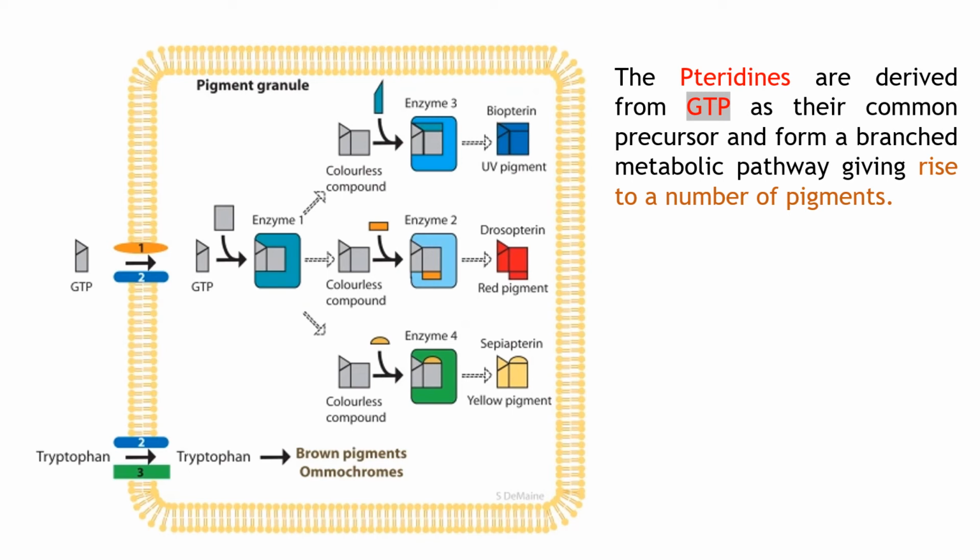So if you have, for example, a brown pigment, are you going to have the mutation here, or here, or here? And you have to identify those things.